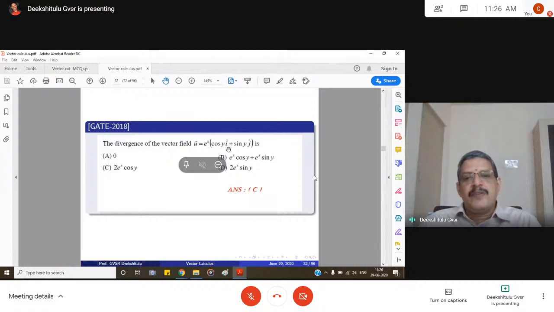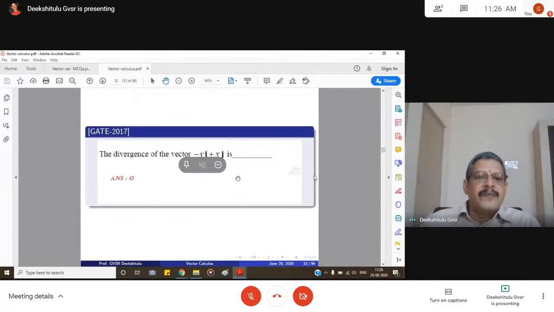So e power x cos y plus e power x cos y, 2 e power x cos y, this is what we get. See, again another problem in 2017. The divergence of the vector minus y i plus x j is dou f1 by dou x, there is no x term here, 0. Dou f2 by dou y, no y term here, 0.